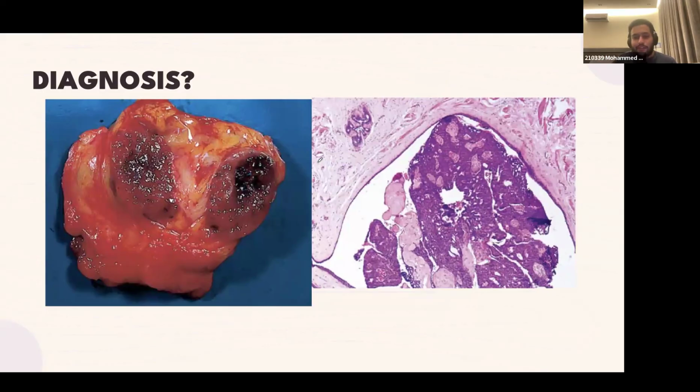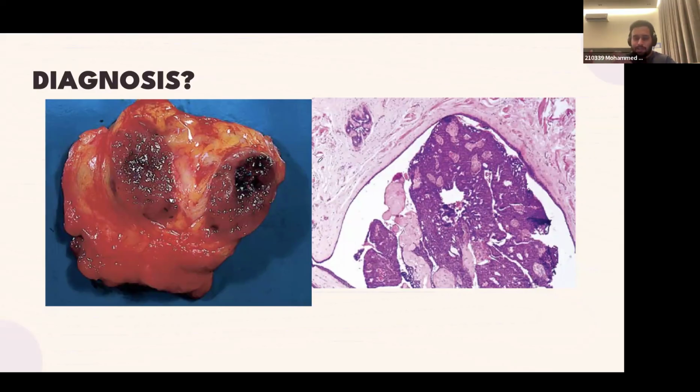Now, you have this patient, let's just say, a premenopausal woman with a bloody nipple discharge. Intraductal papilloma. Excellent. Good. Bloody discharge. Remember, premenopausal, intraductal papilloma.